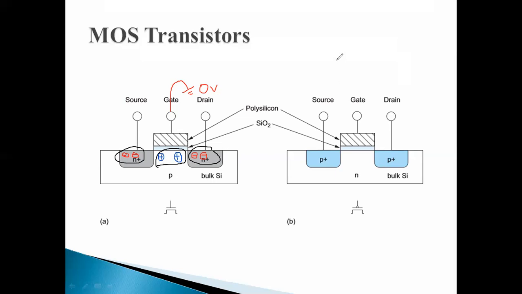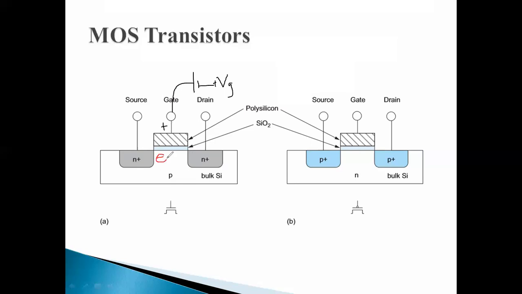In order to make sure that the transistor turns on and electricity passes through it, some amount of positive gate voltage is applied. So when positive gate voltage is applied, according to the law of charges, like charges will repel and unlike charges will attract.